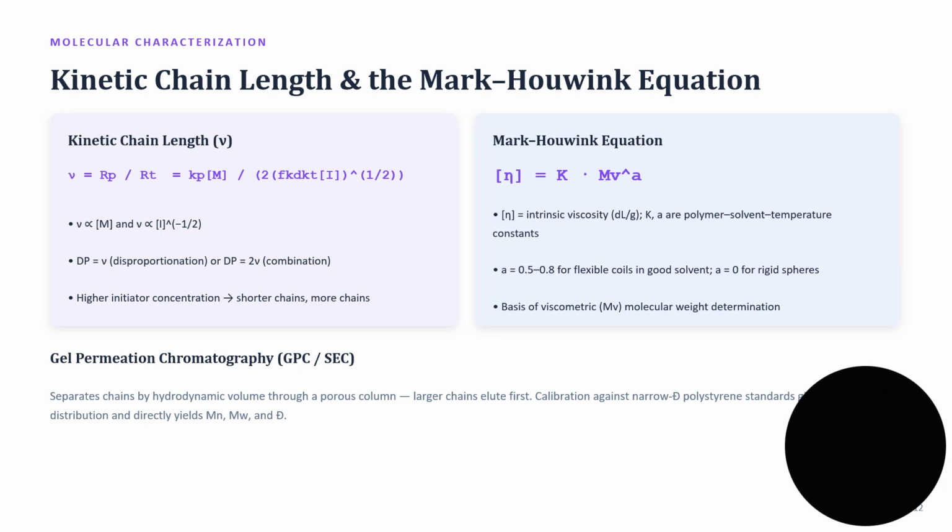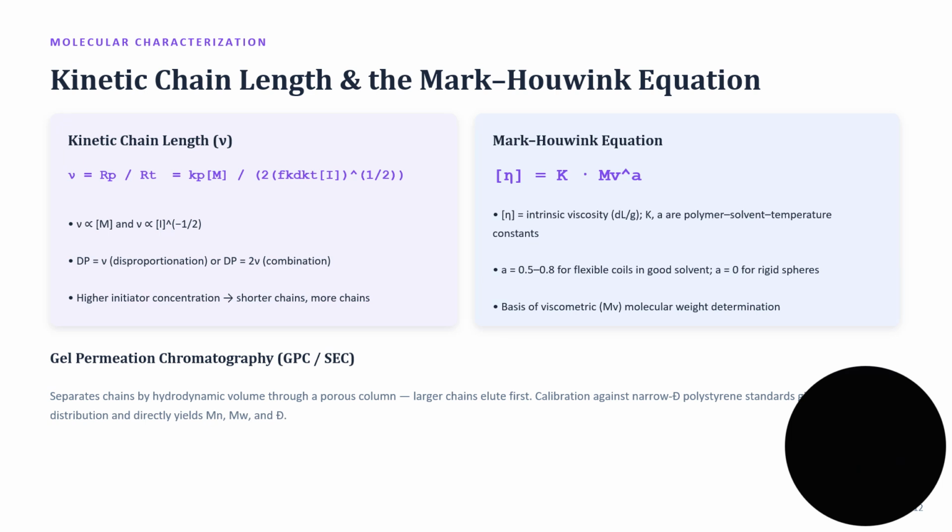Second, the Mark-Houwink equation: intrinsic viscosity equals K times the viscosity average molecular weight raised to the power a. Here K and a are empirical constants specific to the polymer, solvent, temperature system.